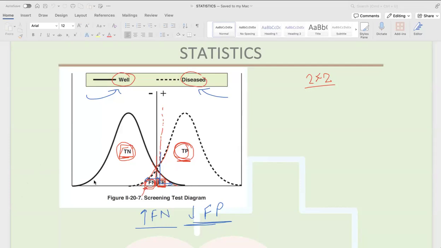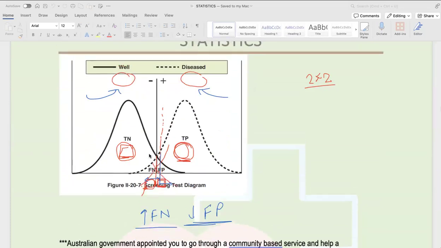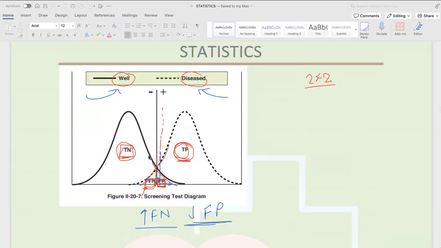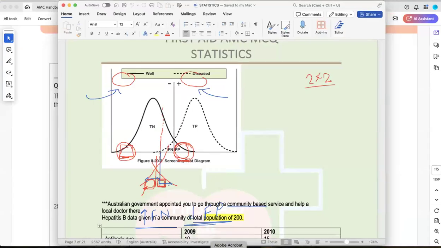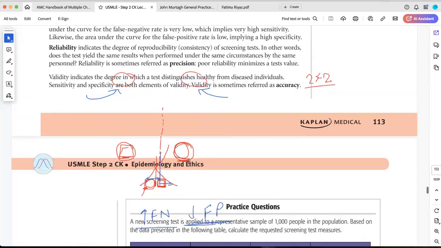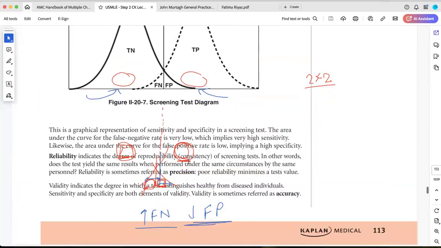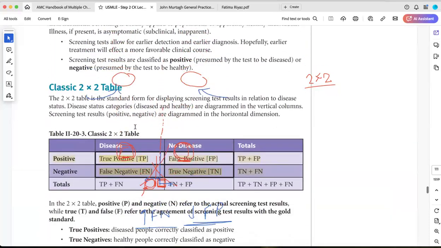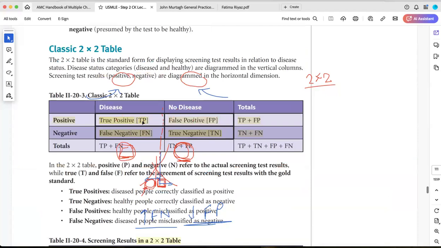Now, let me go up to give you a little more idea. Forget about this annotation, it will work later on. If you remember, sensitivity equals true positive divided by false negative plus true positive.